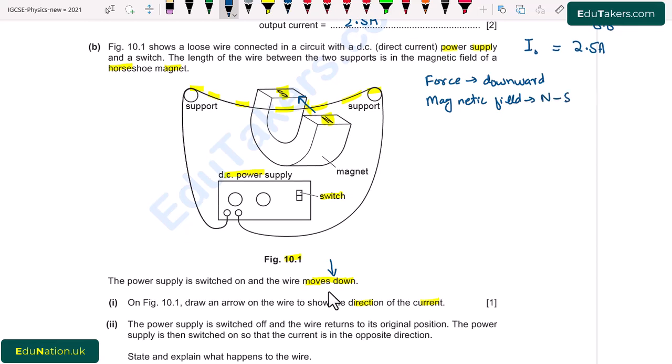It means that the magnetic field is into the page. Now we have to find out the direction of current. For that we use the Fleming left hand rule.